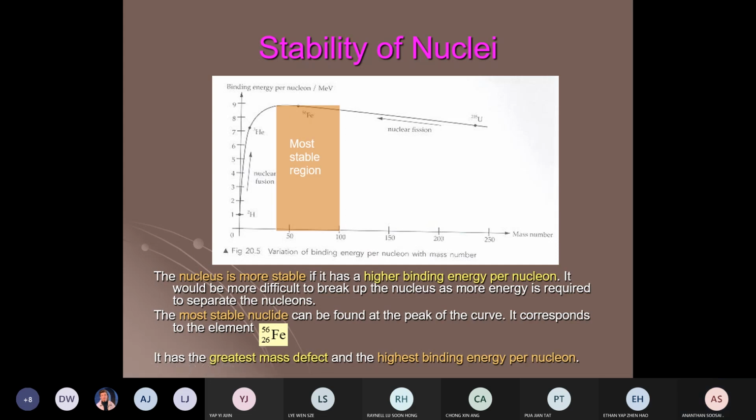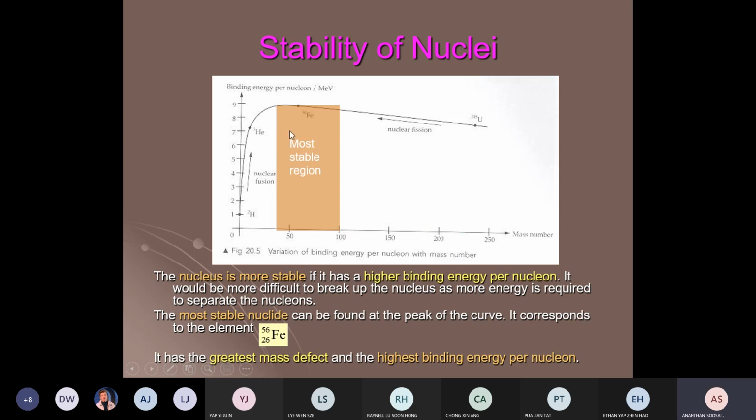They found a very weird graph, going up and coming down again. That is a peak value. They found that not the smallest nucleus is stable, nor the largest nucleus. The most stable nucleus is found in between.